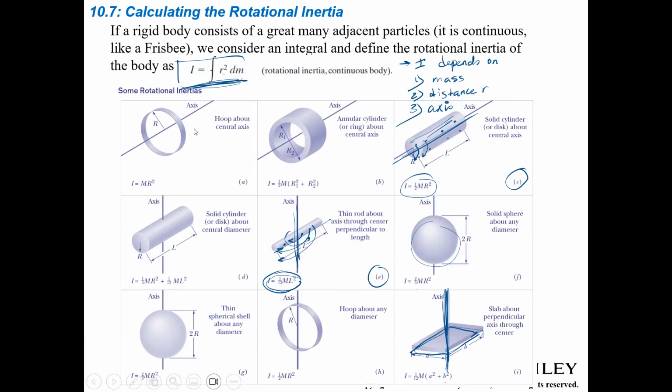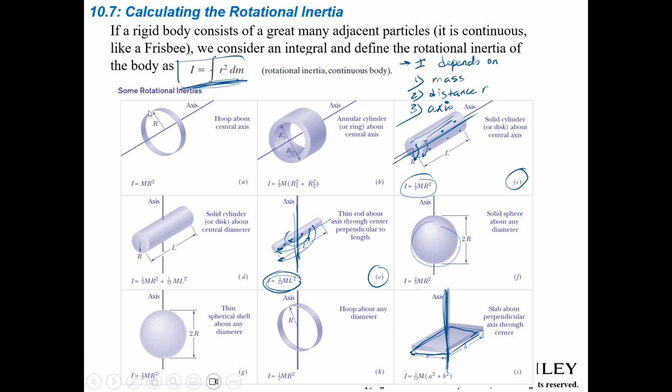Because these have a continuous distribution of mass, not just some points that I can add up, instead of the summation of m_i r_i squared, I will have to do an integration. Now, this semester, I don't want you to worry about the integration, so I'm not going to ask you to derive the expressions or integrate anywhere in the exam, all right? What I will do instead is just give you the final answer.